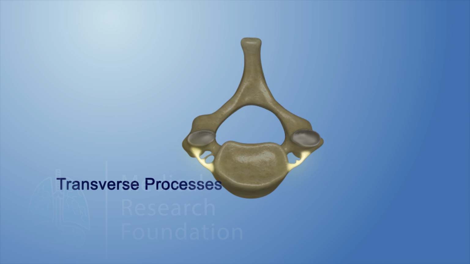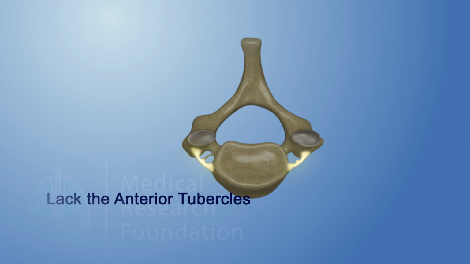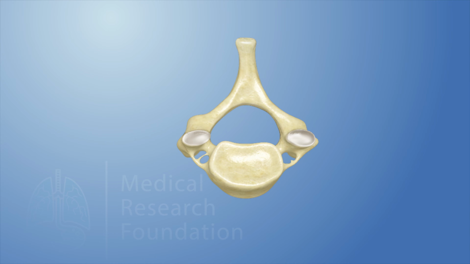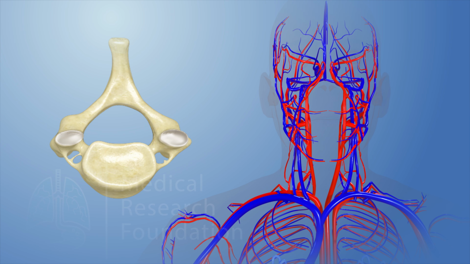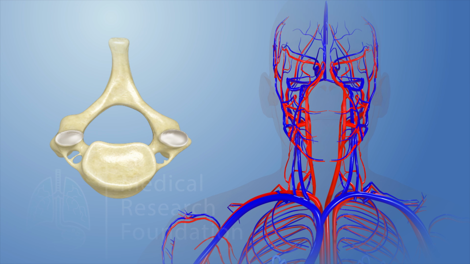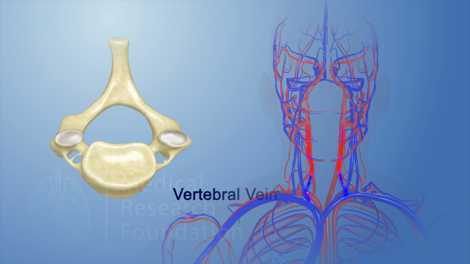The transverse processes are comparatively long and large and lack the anterior tubercles. The foramen transversarium is relatively small and does not transmit the vertebral artery. It transmits only accessory vertebral vein.